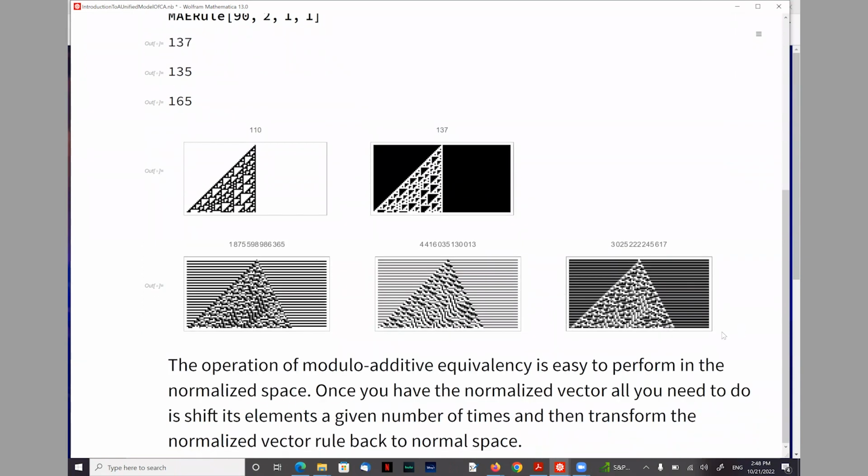So the interesting thing is that in order for me to do this and actually find the shifted rule, all I have to do is take the rule from the normal space, move it over to the normalized space, rotate the values of the vector, and bring it back to normal space, and voila, that's the shifted rule. So there are many operations that actually become easier to do on the normalized space that were kind of a hassle when you work on the regular space.